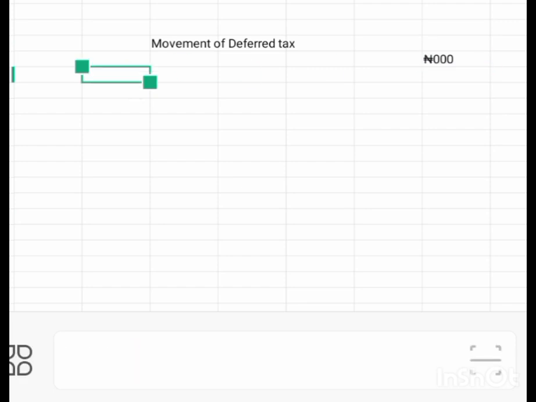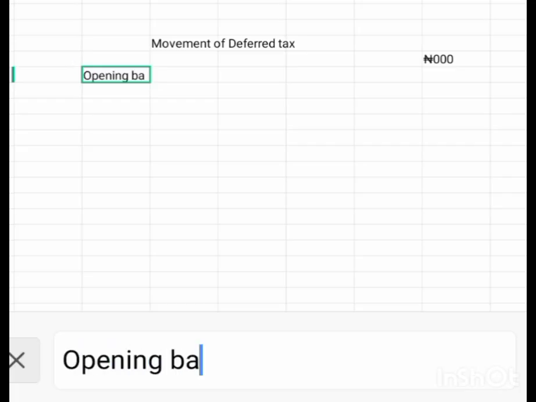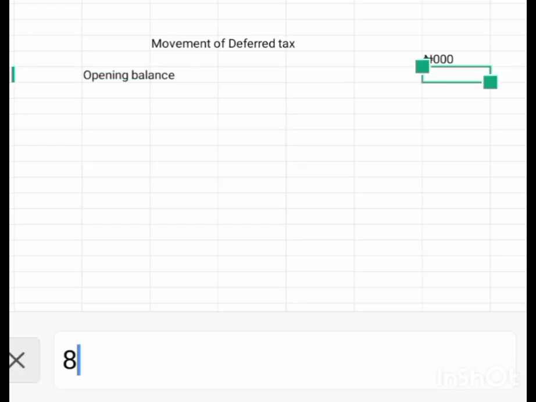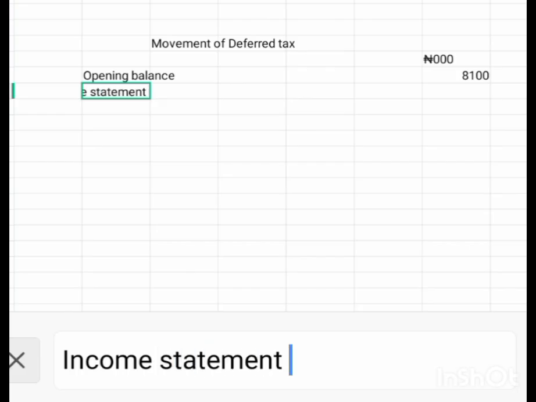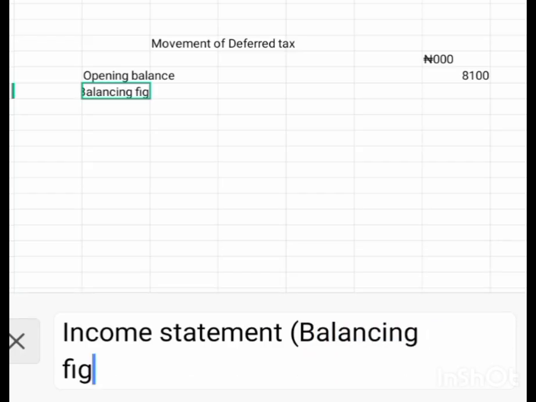Then we come to this place. We say opening balance, which is 8,100. Then the balancing figure that is going to the income statement. It is always the balancing figure. So now what is our closing balance?